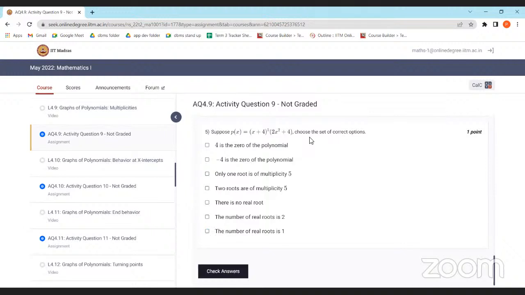Okay. Suppose 4 is the 0 of the polynomial. How to find the 0 of the polynomial? Just equate it to 0, right? -4 is one 0. Okay, let me take this. -4 will be one 0. Sir, another 2 will be complex roots.